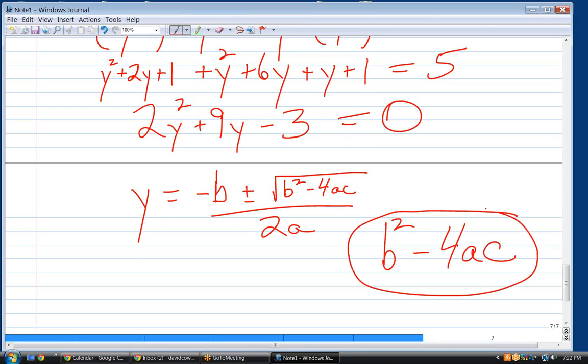That has its own name. What is that called? Discriminant, yeah. The reason it has its own name is because frequently we want to know whether there's real or non-real solutions here. In other words, I'm not going to go any further if I know I've got imaginary solutions.